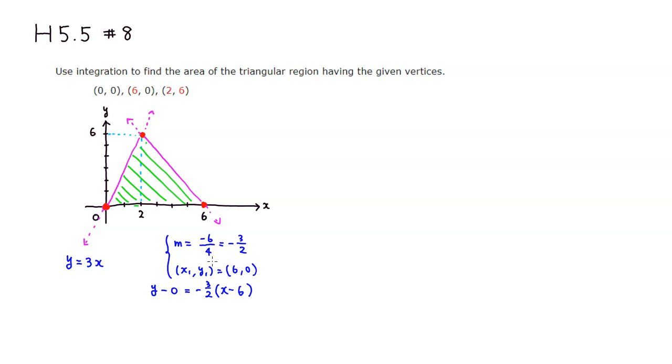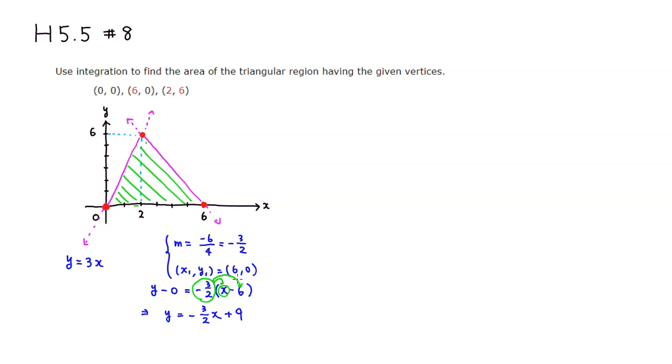Then we can simplify a little bit. y is equal to, distributing to x, we get negative 3/2 x. And if you distribute negative 3/2 to negative 6, it's going to be positive. 2 and 6 cancel out, we get 3, multiplied by 3, so it's going to be 9 here. So y equals negative 3/2 x plus 9.